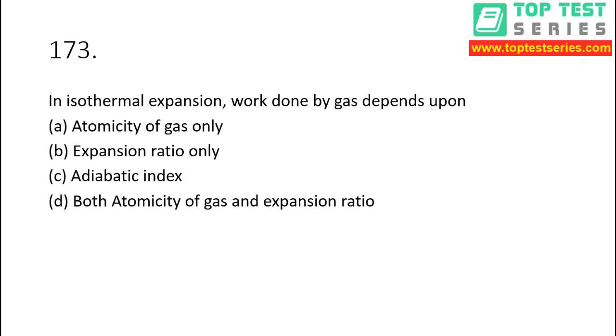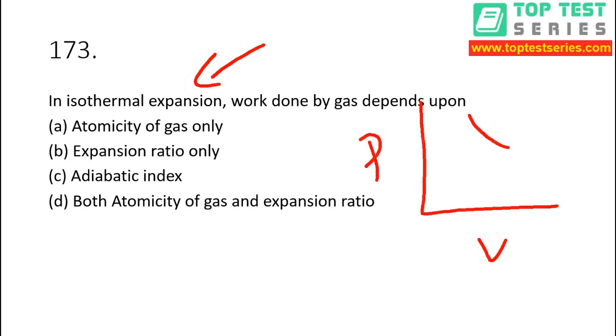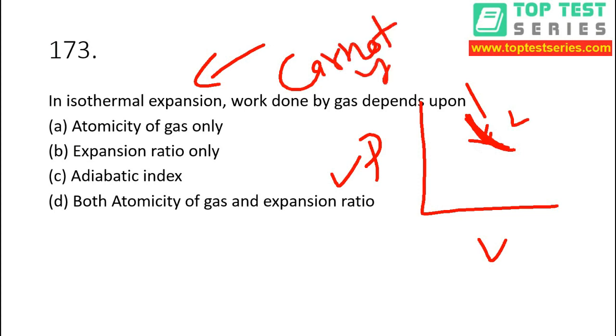Now guys, let's come to question 173. In isothermal expansion, work done by gas depends upon. My dear, when we're looking at isothermal expansion, right? Just look at the PV diagram, this is expansion, 1 to 2 we are going, right? And the diagram we are getting from Carnot cycle, right? Work done by gas depends upon which factor.